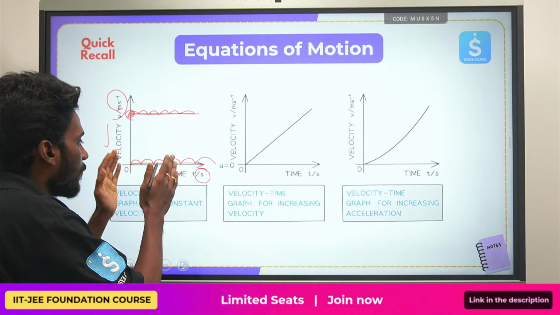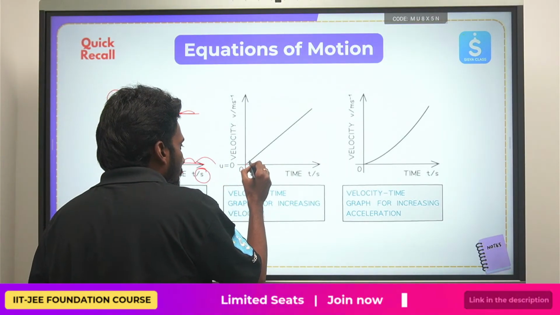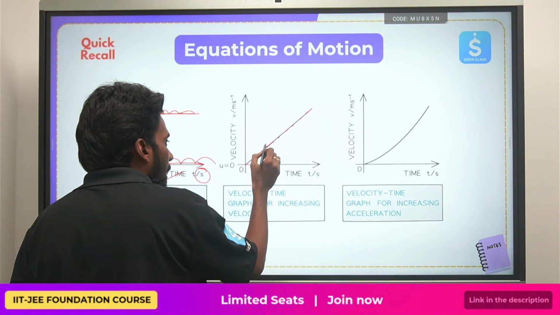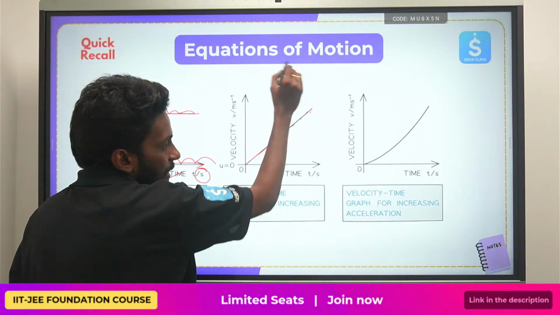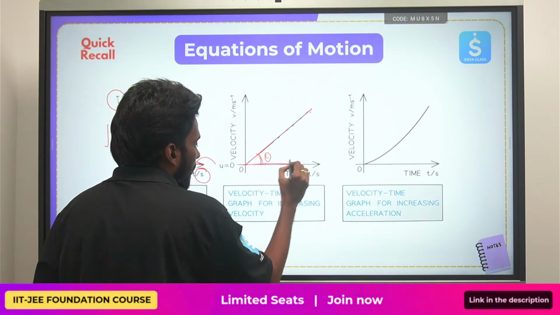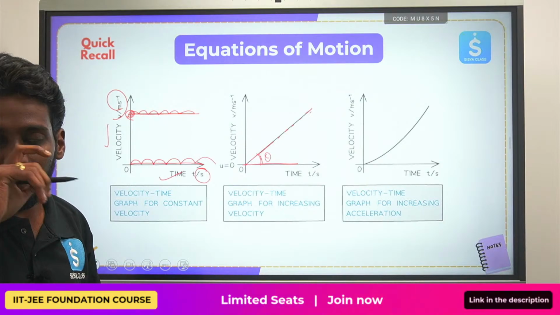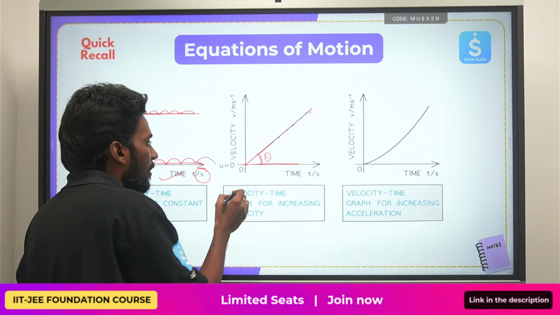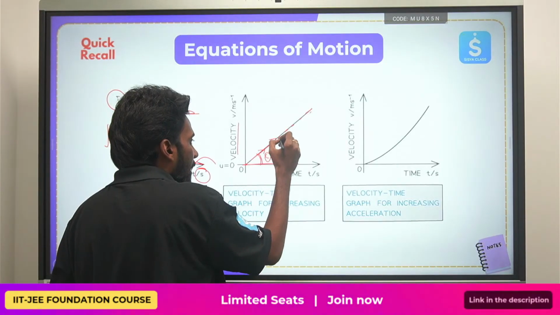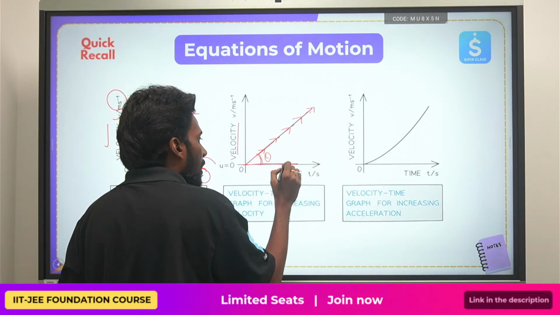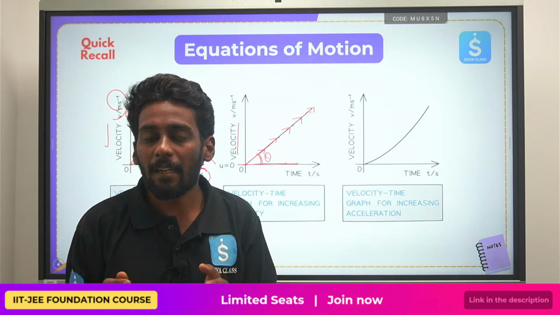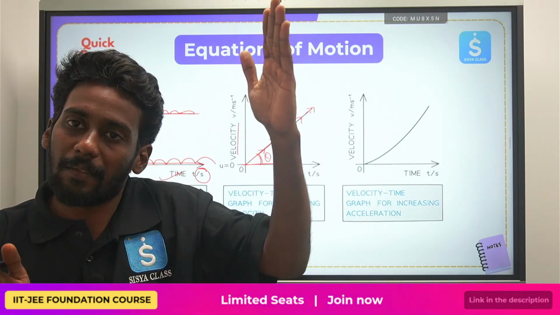So now what happens if you are seeing a straight, inclined line? If you are seeing an inclined line or a diagonal line making some angle theta with the x-axis, what does it mean? Here it means the velocity is gradually increasing with time.